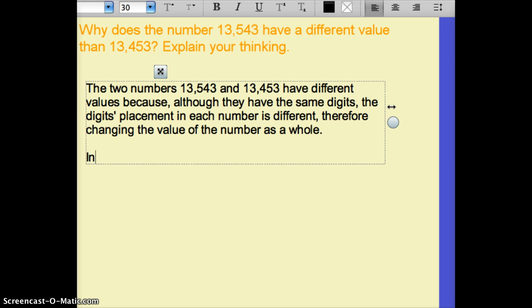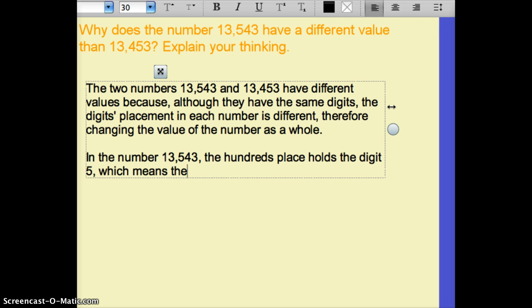So I'm going to say, in the number 13,543, the hundreds place holds the digit 5, which means the value is 500.